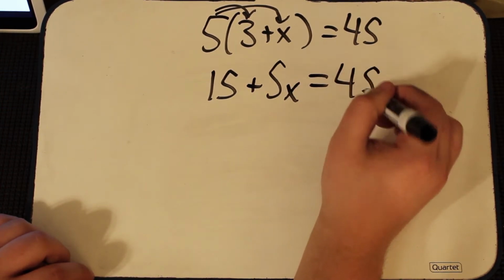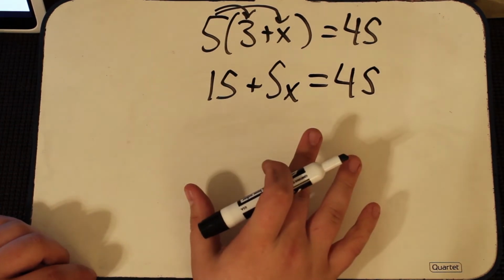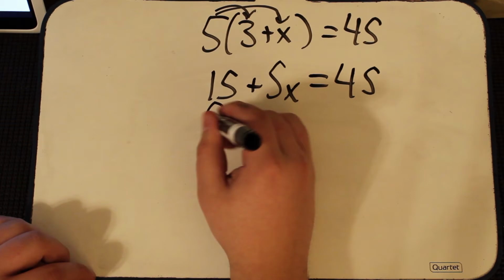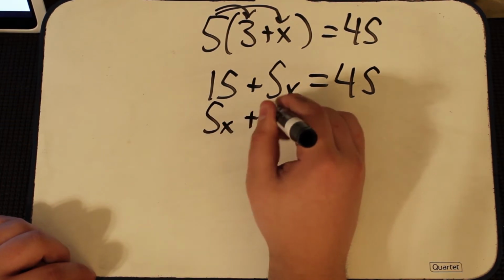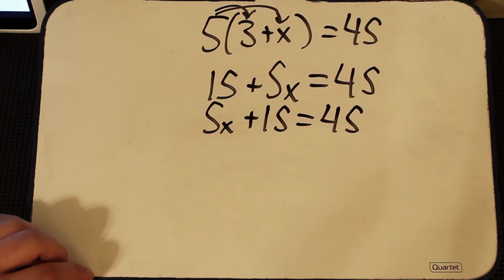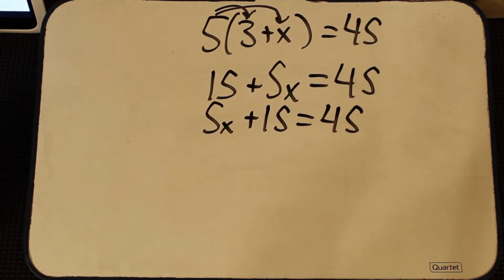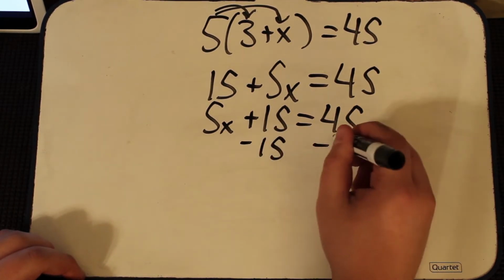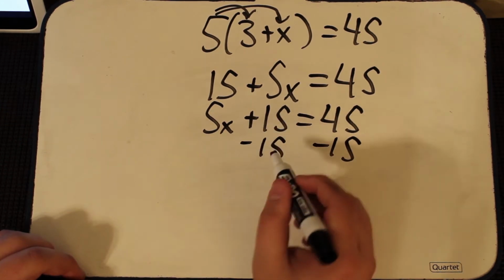equals 45. Now, this looks a little different than the last one we did. Well, they're both positive, so you can just switch it around if you really want to, and it's the same equation. Now I have a two-step equation, so I might as well treat it as that. I'm going to subtract 15 on both sides because I have a positive 15 here.